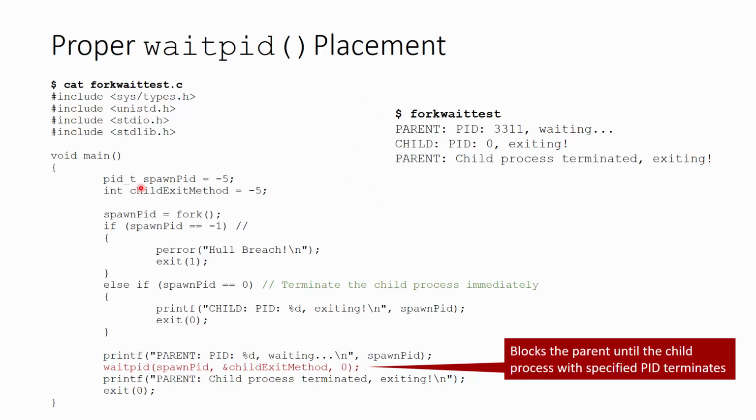Let's take a look at the program here. Here are the variables we're going to use. They are initialized to a known junk value. Here's the fork call, just like we saw before, the spawnpid result. The -1 value says something horrible has happened, go ahead and exit the whole thing right here. Here is what happens if the child process is the one that reaches this block of code, and that can only happen if spawnpid has been set to 0.